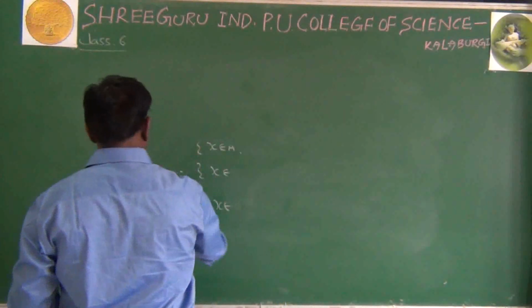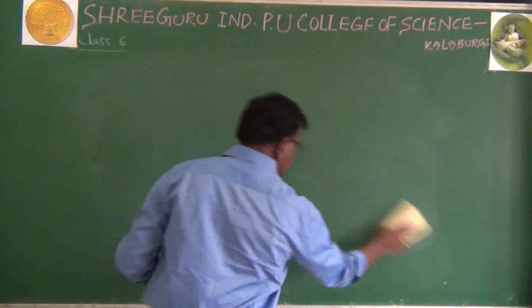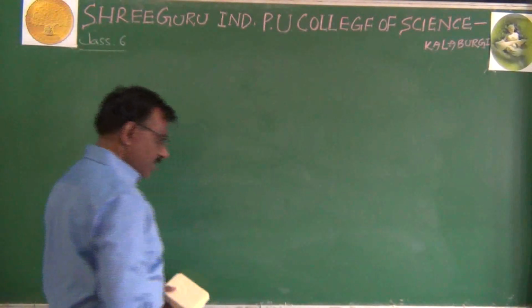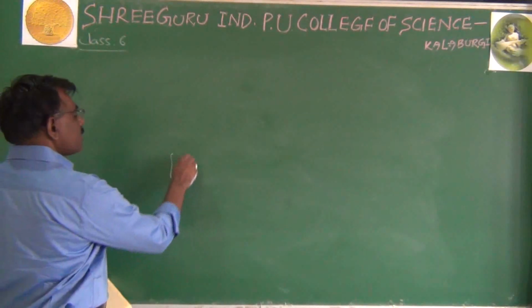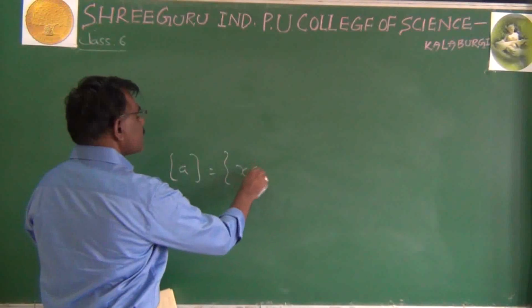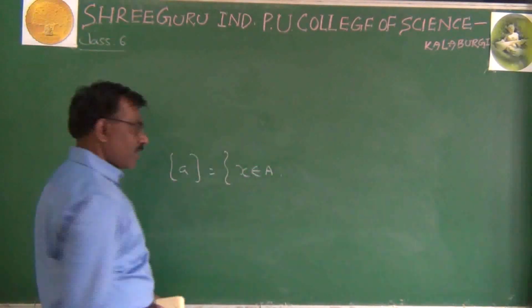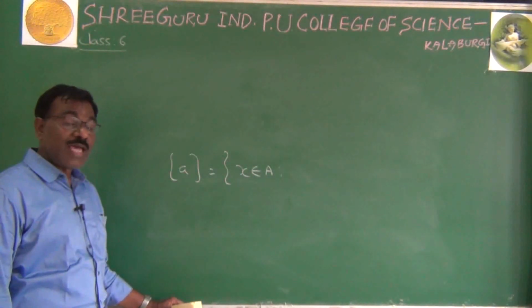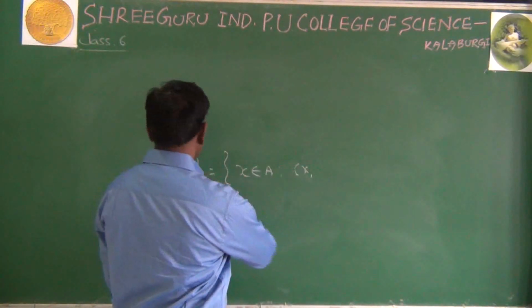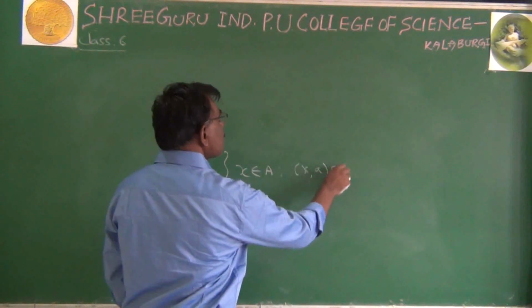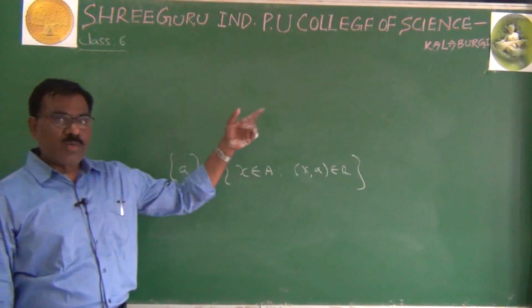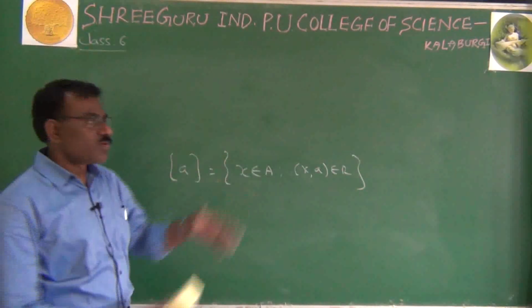The name is called equivalence class. Everybody should know how the equivalence class is defined. Equivalence class is defined as x belongs to A, where x is an element of the set, such that (x, a) belongs to R. So all the elements you have to check. Suppose x is 1.